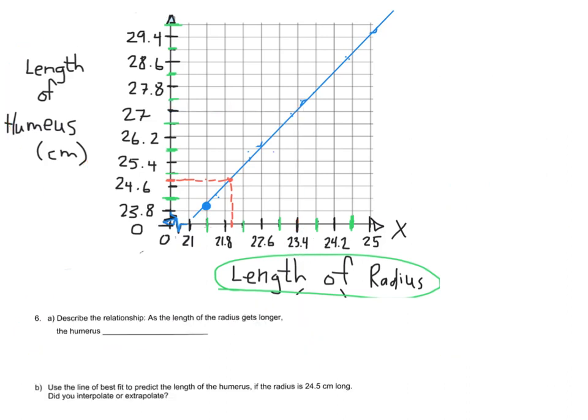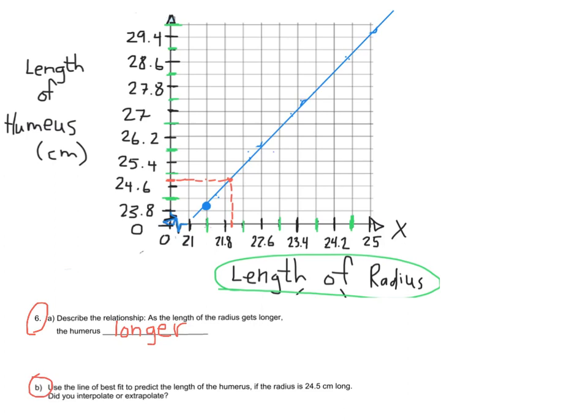And so question 6 asks me, of course, about describing the pattern that's happening here. It says describe the relationship as the length of the radius gets longer, the humerus also gets longer, because it's a positive correlation. Both things are increasing.